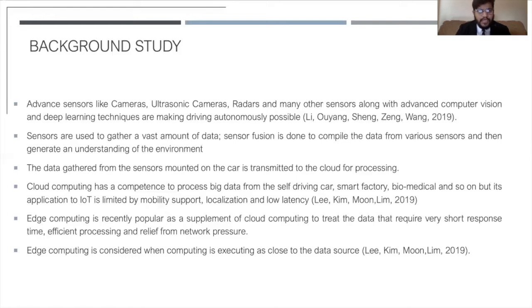But the upside of edge computing, even though it's limited by its hardware, is that the time efficiency is really, really good, because all the data directly gets transferred to the node, because the edge node is physically connected to the microcontroller.